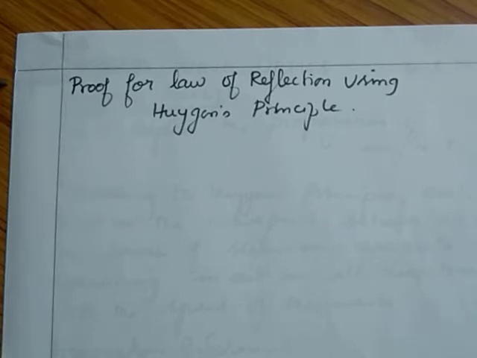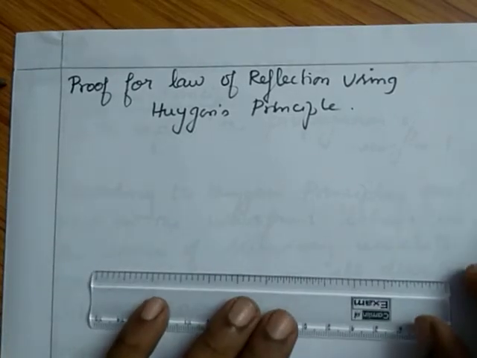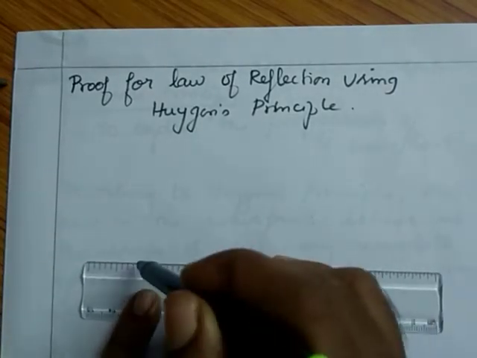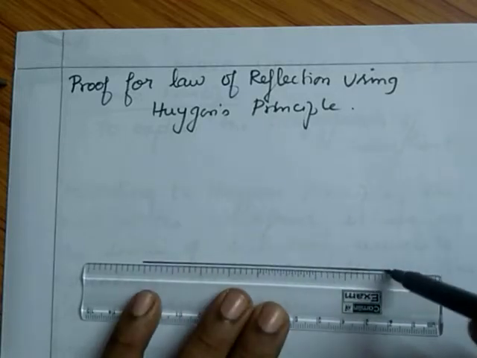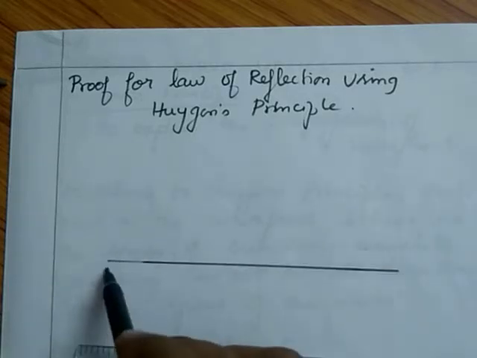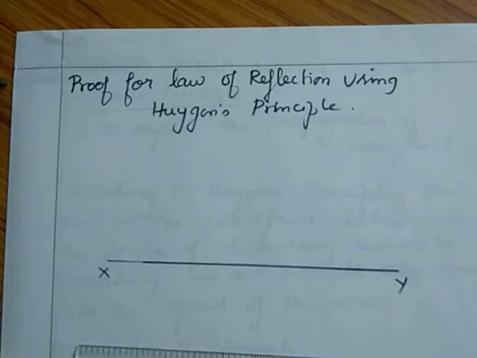Our next topic is the proof for the law of reflection using Huygens principle. So I consider a reflecting surface that is named as XY.